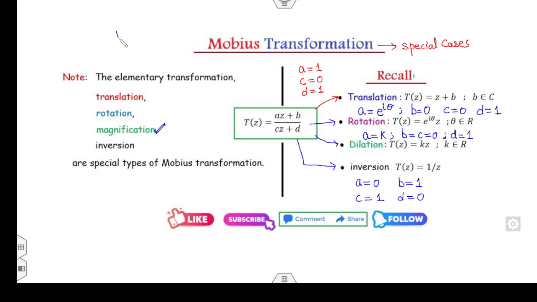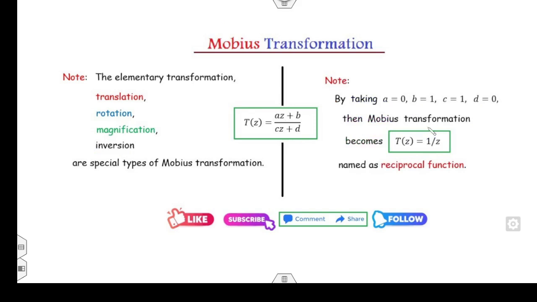Moreover, in our inversion lecture we discussed that W equal to 1 over Z is also known as the reciprocal function. W equal to 1 over Z is a non-linear function, and similarly T of Z, the Mobius transformation, is a non-linear function.